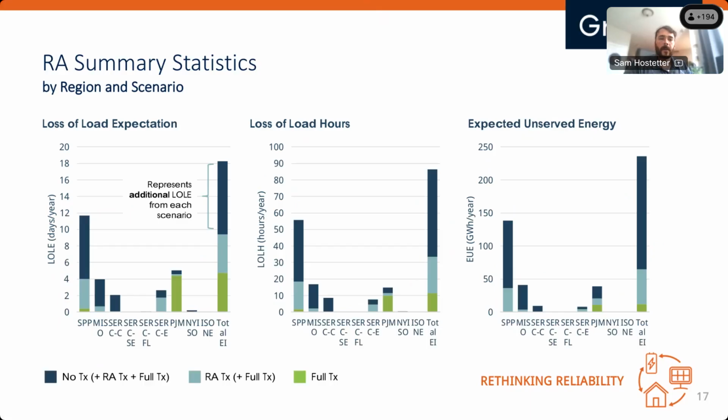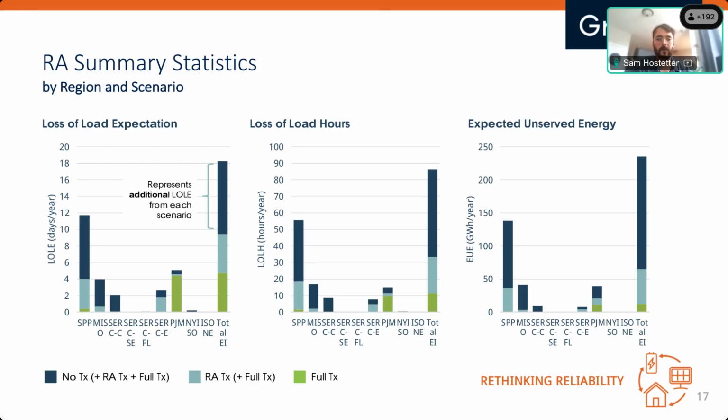Now taking a closer look at the specific values that we simulated across our 900 iterations of simulating the Eastern Interconnect. The bars shown here are additive across the three scenarios. Each color represents additional risk seen in the additional scenario as we restricted transmission further.